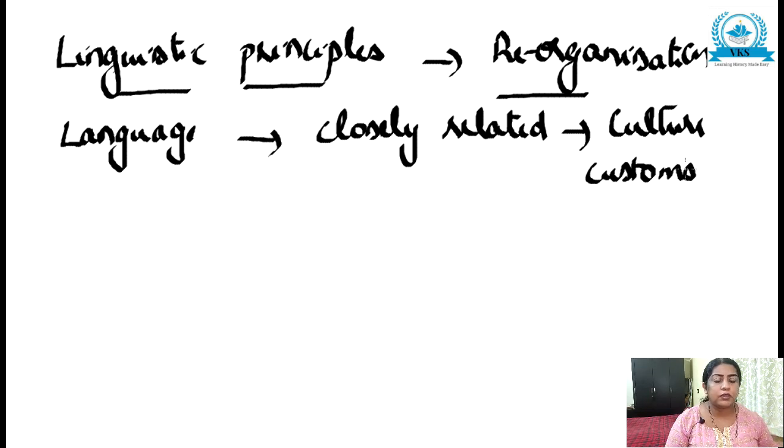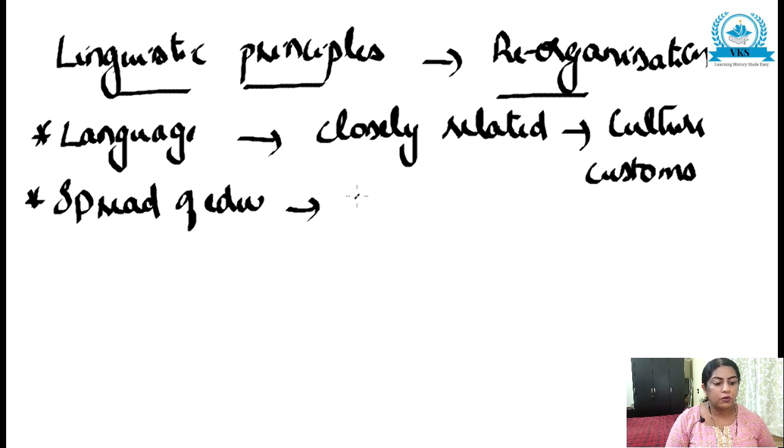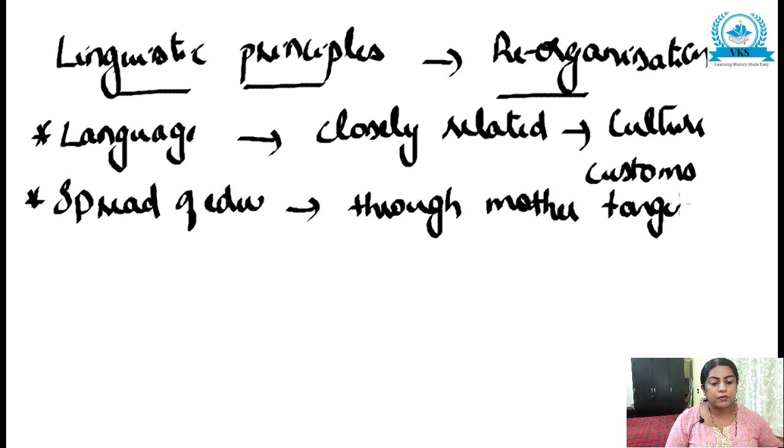So that is the one thing in which language is very important. And the spread of education and literacy can occur only through the medium of mother tongue. So that also shows the importance of language.